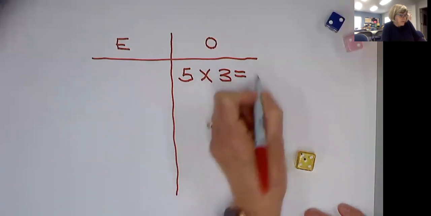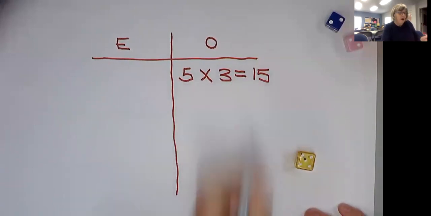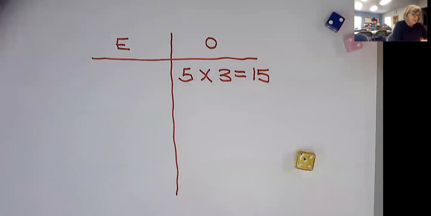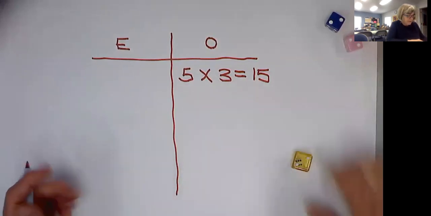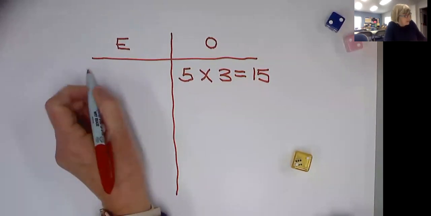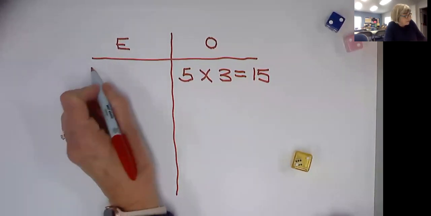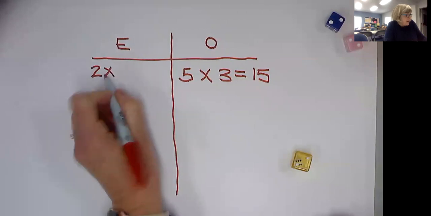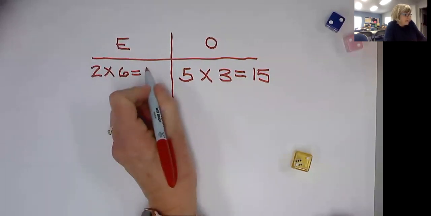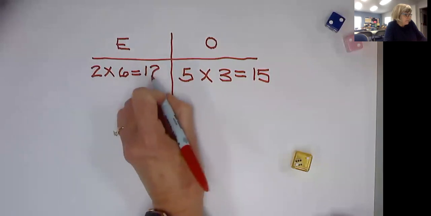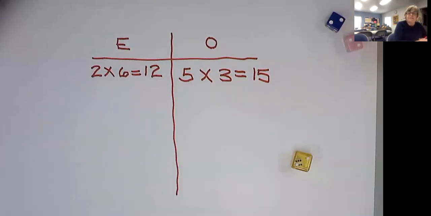So I'm going to write my equation in the odd column. Now you can tell we're going to continue to play. So I rolled a 2 and a 6. 2 times 6, oh, that's right, I know it's 12. And 12, I know, is an even number. So that product is even.